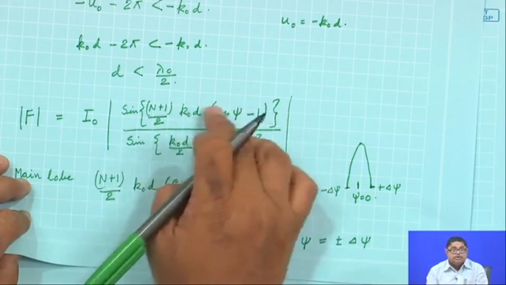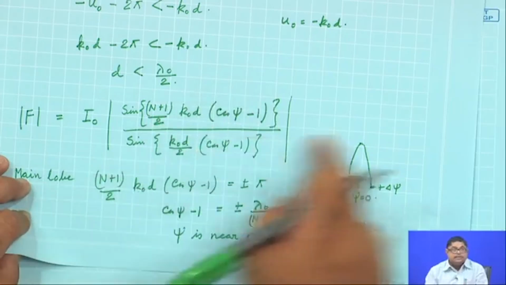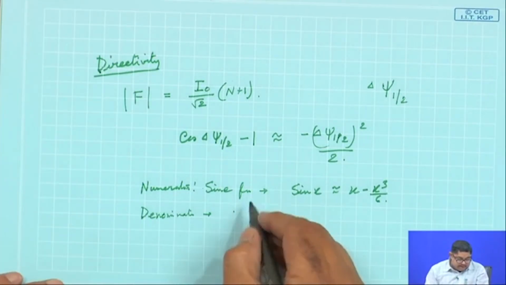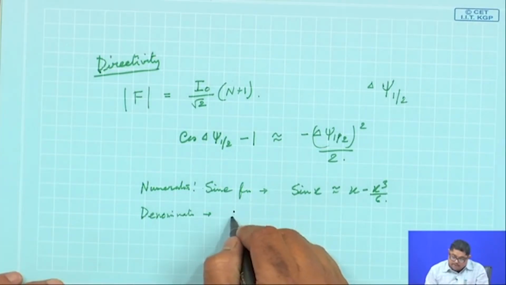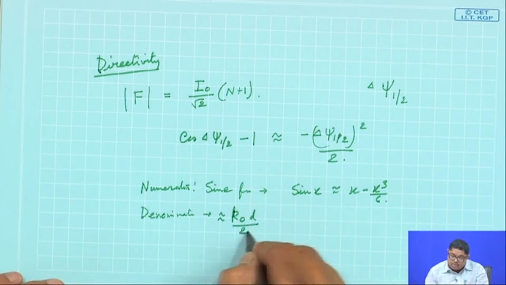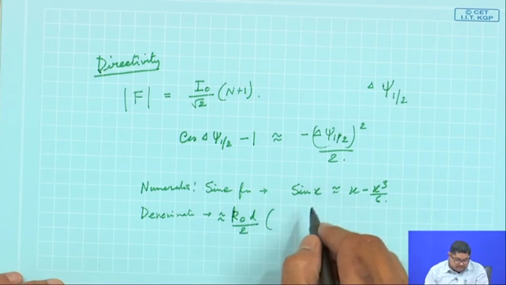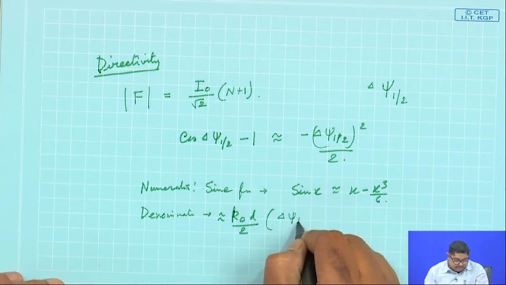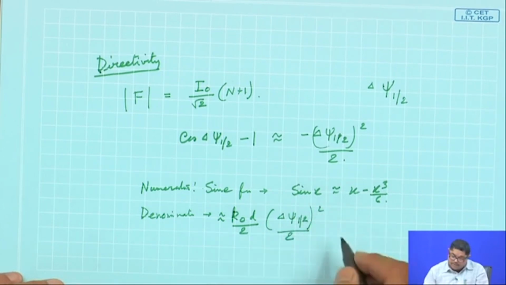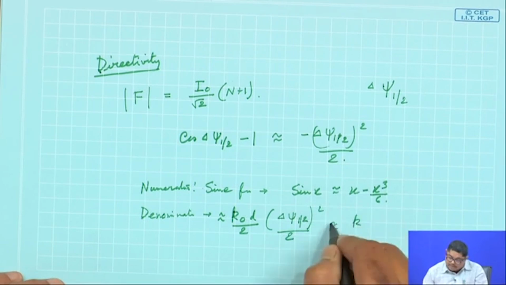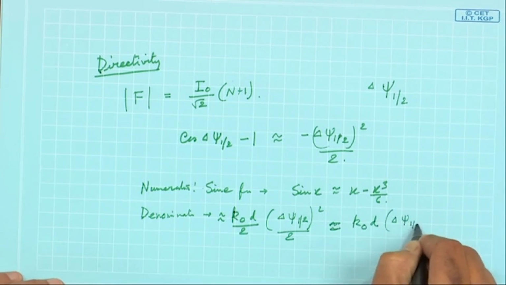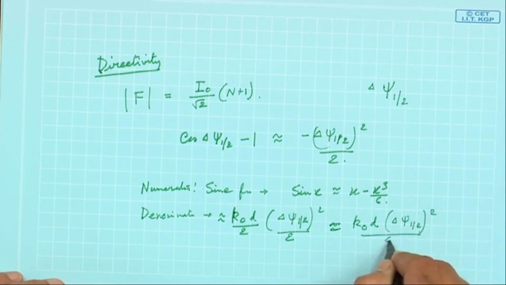Here that overall was not small, that is why, because n plus 1 is there, that is why we have series expanded. Here we can directly write, the denominator will be the whole sine thing, k naught d, approximately the denominator will be k naught d by 2, then delta psi half square by 2, that means it is equal to k naught d delta psi half square by 4.